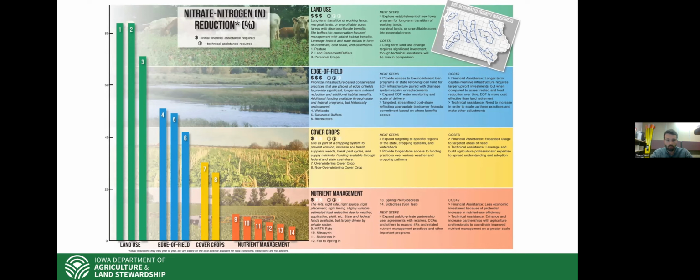Listed as number 4 are wetlands, which we'll be talking about today. These practices can treat significant amounts of upstream drainage areas that are often majority cropland, and provide a really good bang for your buck when it comes to water quality improvement, specifically nitrate reduction.